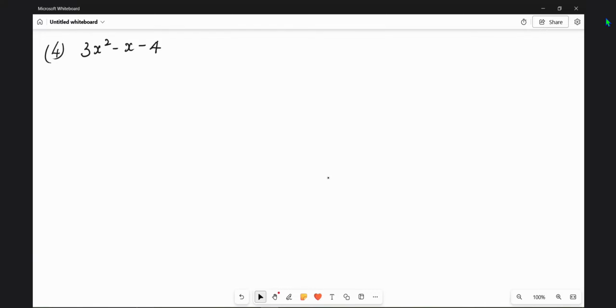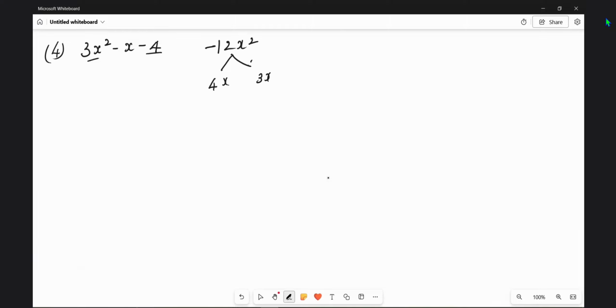Everyone got alpha and beta. So what is alpha and what is beta? So this if you multiply, I will get minus 12x square. I can split it as 4x and 3x.